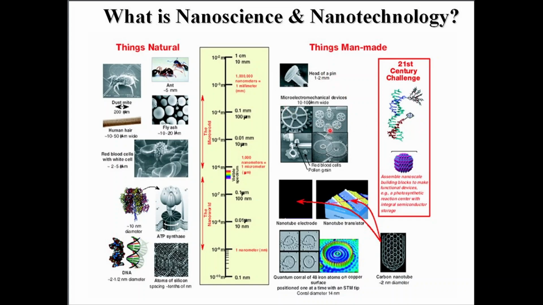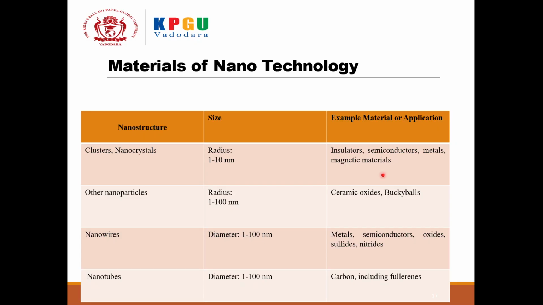Then microelectromechanical devices, nanotube electrode, carbon nanotube, all these are examples of things which are man-made. So this one slide represents what nanotechnology actually is. On a meter scale, you can have an idea of nano size. Also here, examples which are natural and man-made are represented to give you an idea of what nanotechnology is.